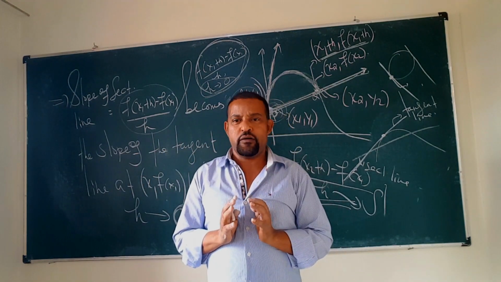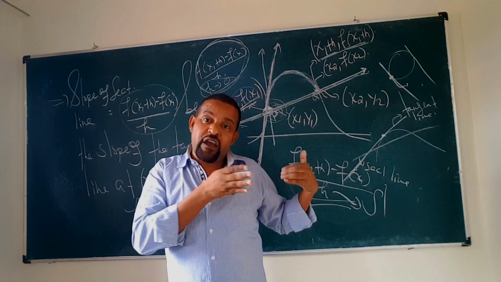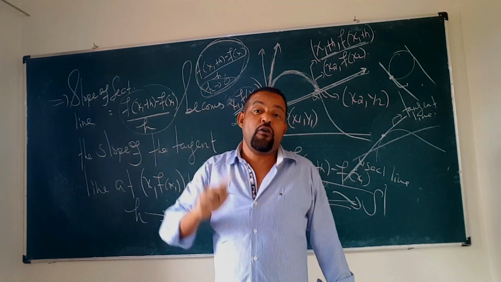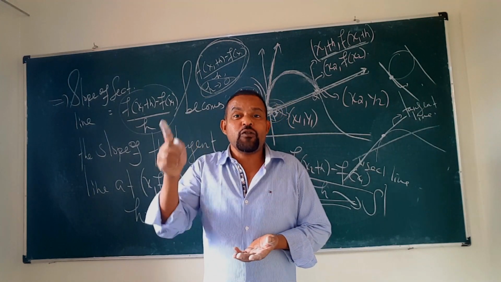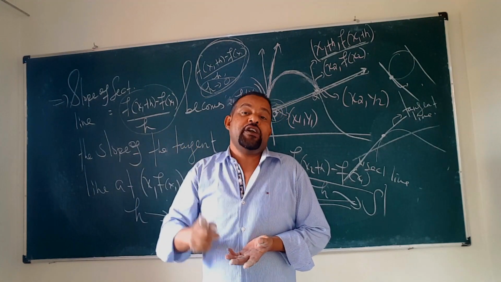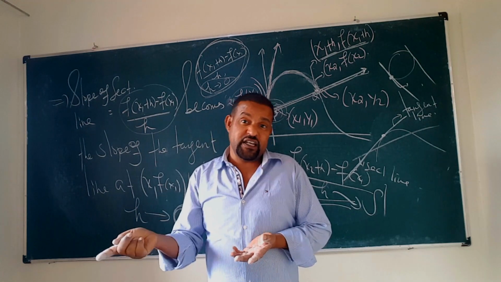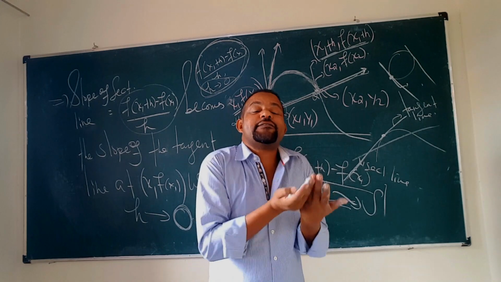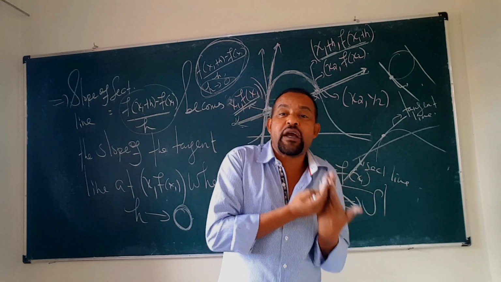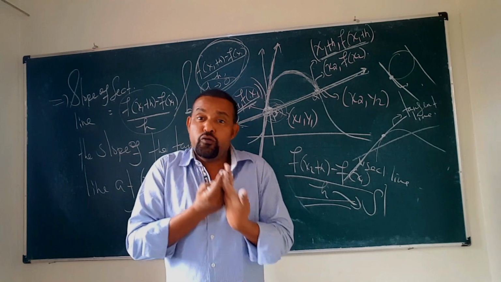አሁን በደንብ አድምጡ ልባርኩ። Average rate of change of f of x on an interval ab of the given function ምንድን ነው ብለናል? Which is f of x1 plus h minus f of x1 over h ወይም x2 minus x1, is what? The slope of the secant line passing through the point p and q ወይም x1 y1 x2 y2.